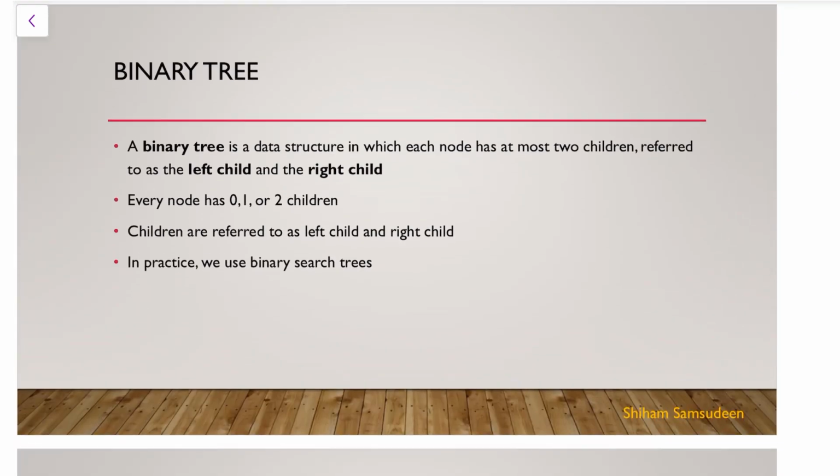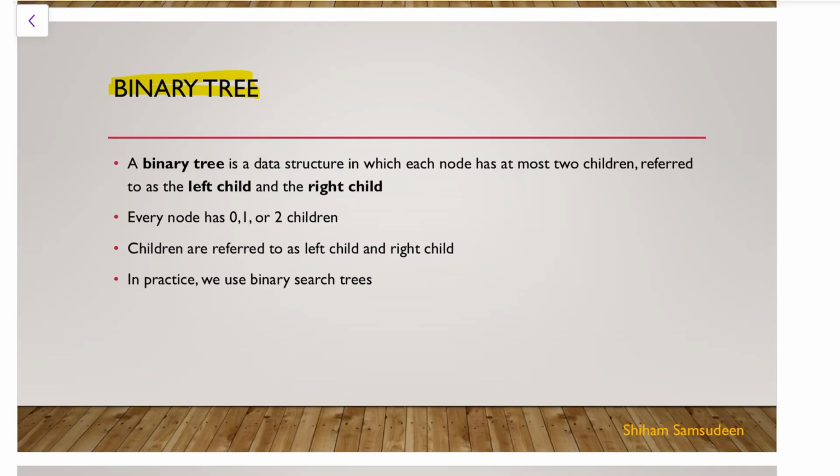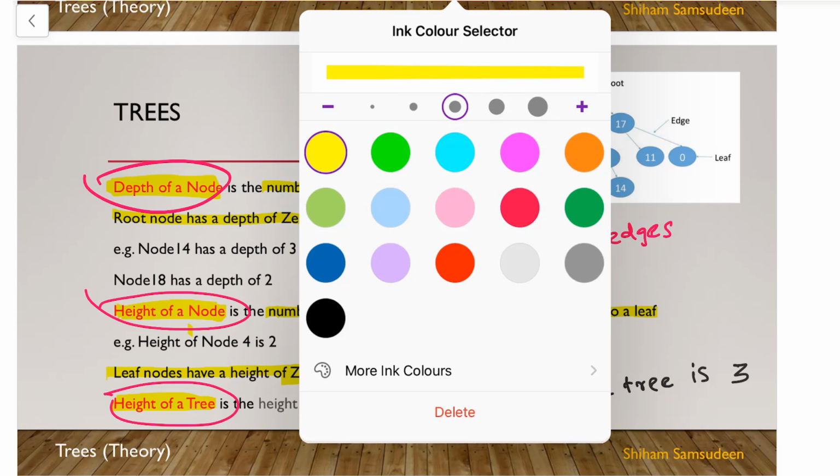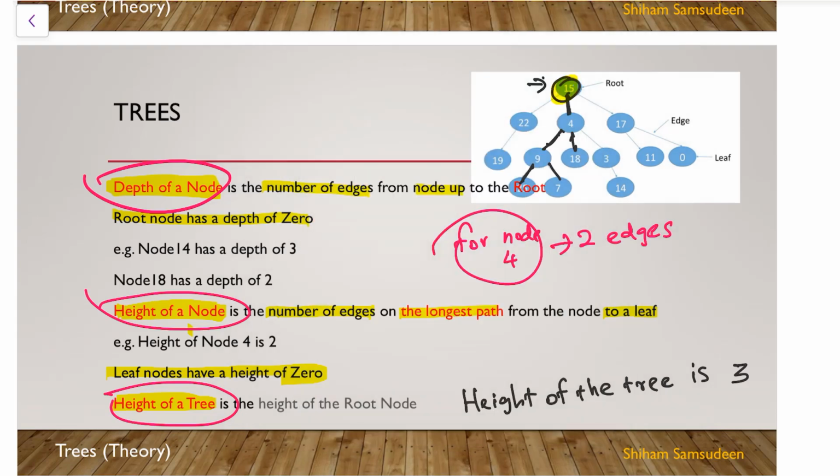Now we are moving into a new topic, which is binary tree. Now as you can see previously, here in this example, we have one node and then we have 3 children here, right? And then here there's only one child, and then here we have 3 children, here we have 2 children, right?